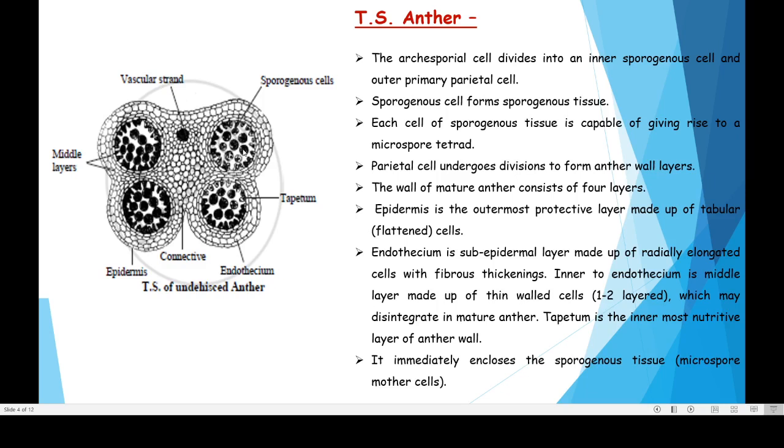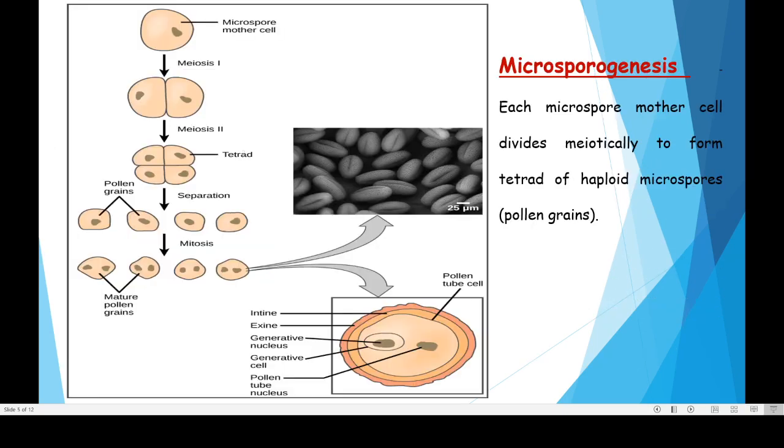Now this MMC or microspore mother cell undergoes reduction division. Here you can see one microspore mother cell is shown, and this undergoes reduction division or meiosis. So this microspore mother cell divides meiotically, and after meiosis it forms 4 pollen grains.